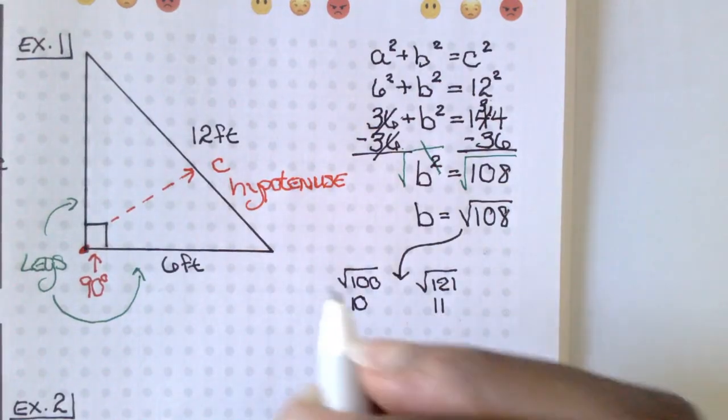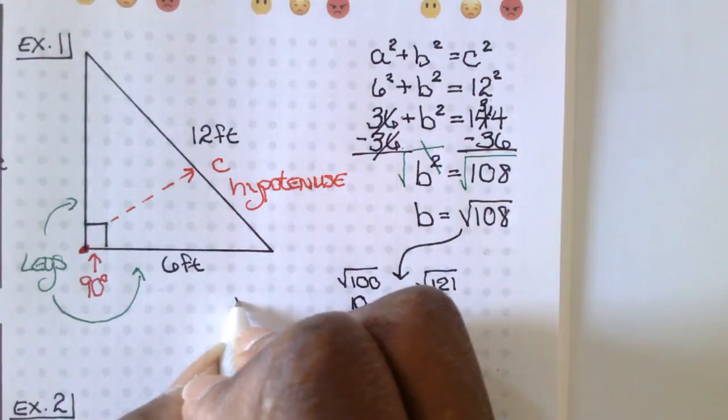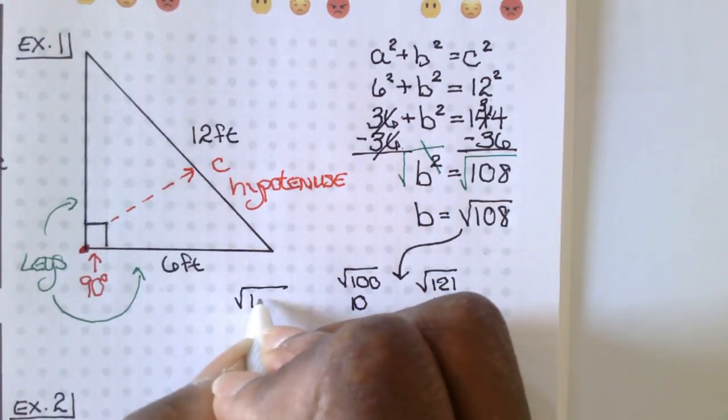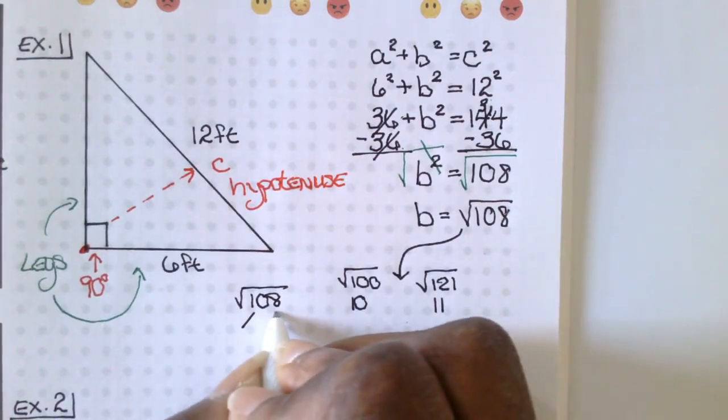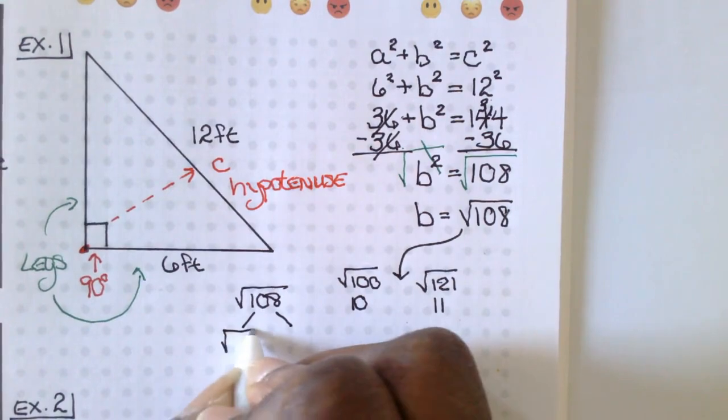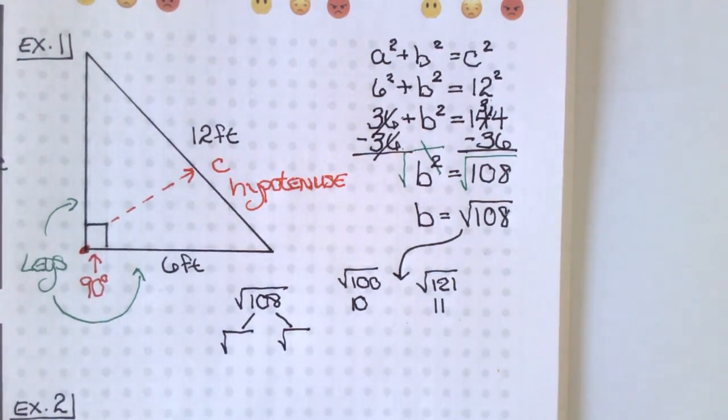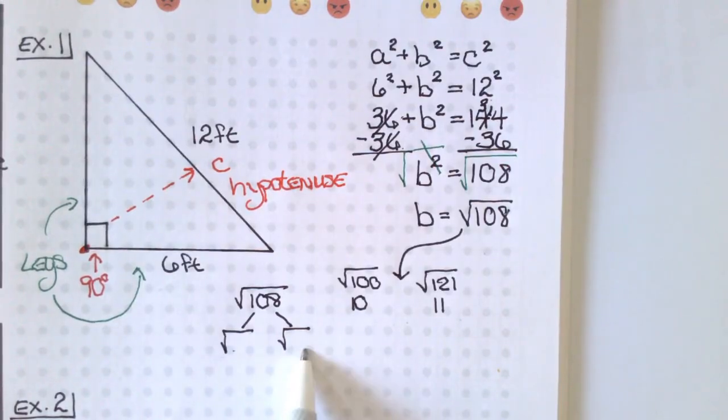Now, as a square root, we can factor it. What two numbers, one being a perfect square and the other being a prime number, can we use as square roots to physically break it down?